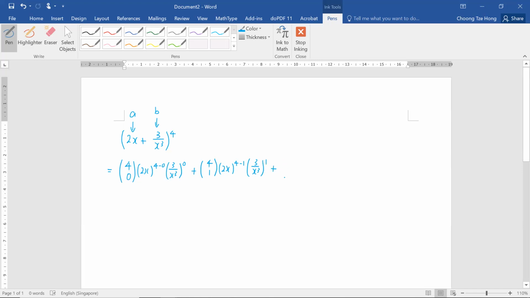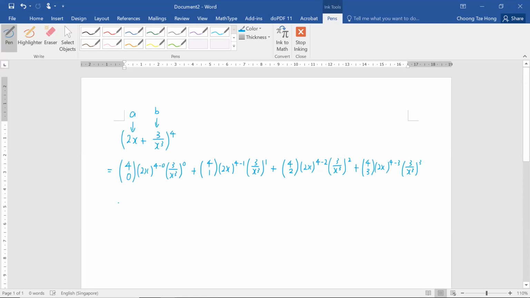The third term will be 4 choose 2, then 2x to the power of 4 minus 2, and 3 over x cubed to the power of 2. Then the fourth term will be 4 choose 3, 2x to the power of 4 minus 3, and 3 over x cubed to the power of 3.